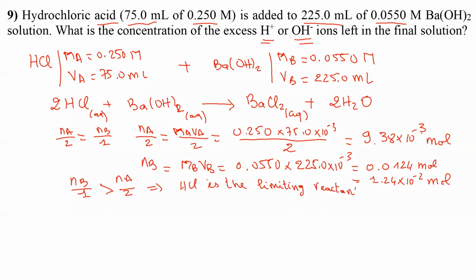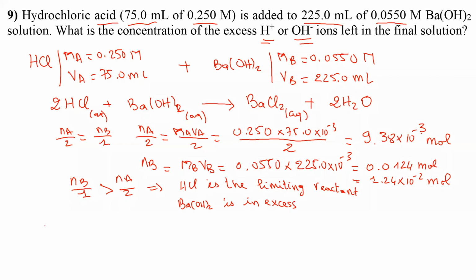Or you can say that barium hydroxide is in excess. Okay, so we know that all of the acid will react. So what will be left in our solution will be OH minus. Okay, so we can calculate that.